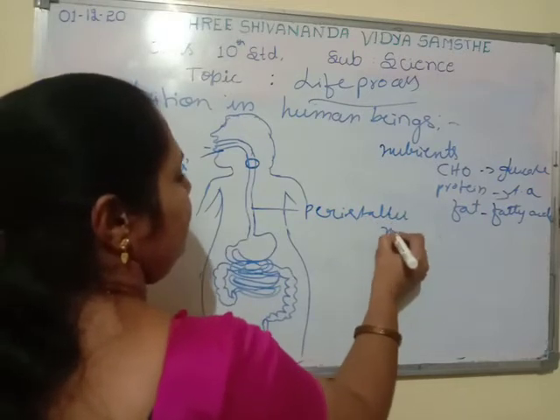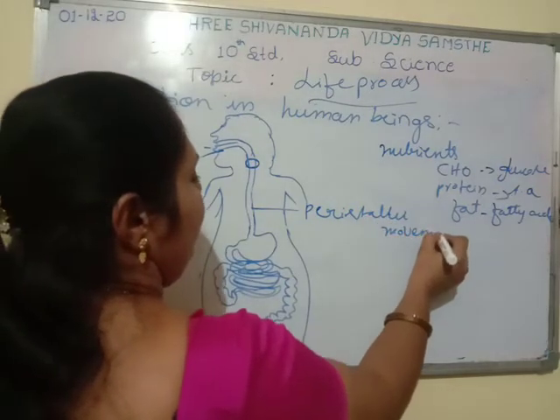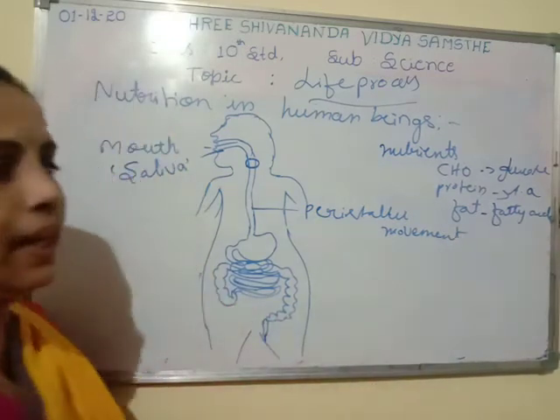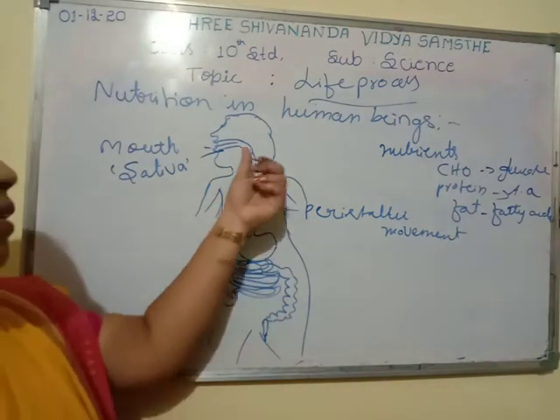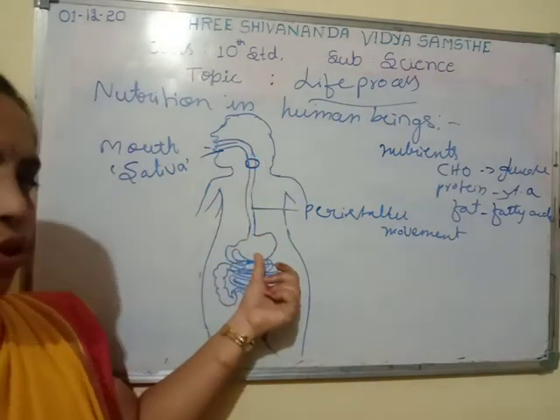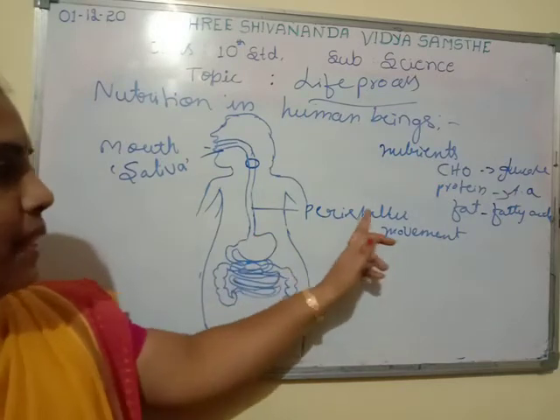Movement of food from the pharynx to the stomach is known as peristaltic movement.